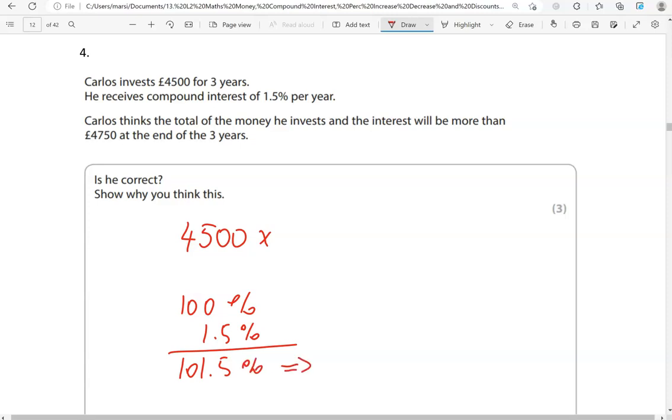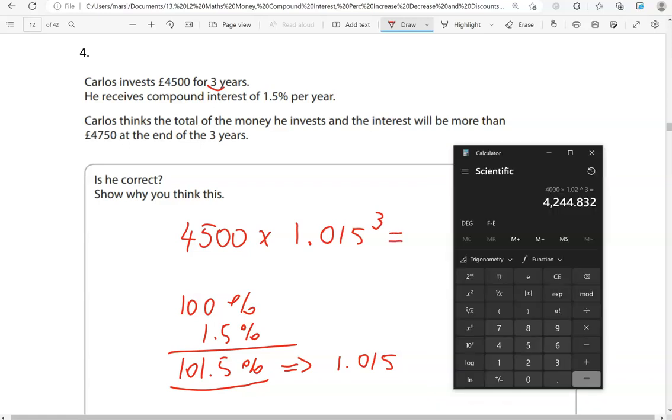As a decimal, this is 1.015. You could just divide the percentage by 100 if you like. So I'm going to put the decimal here, 1.015 to the power of 3, because it's over 3 years.